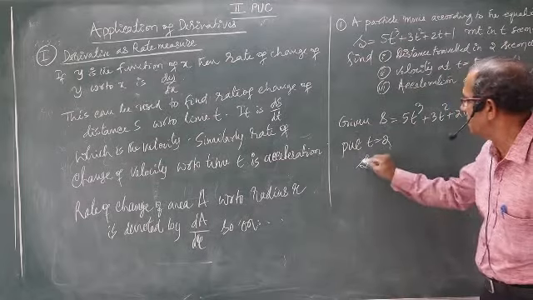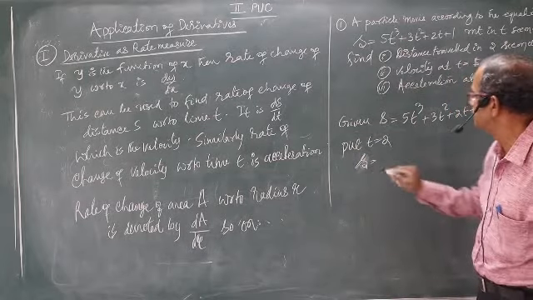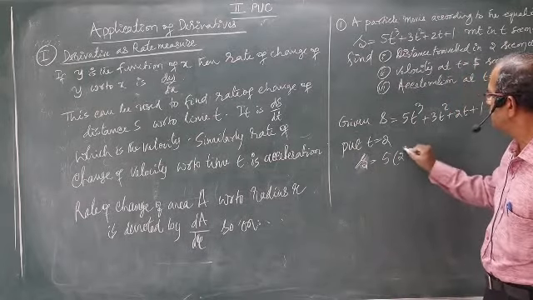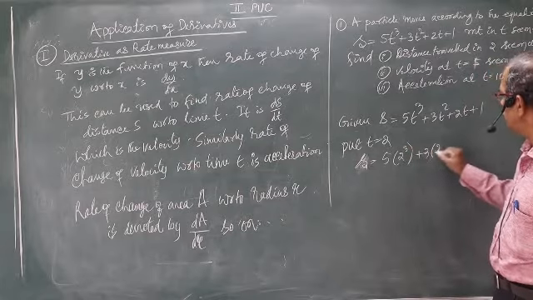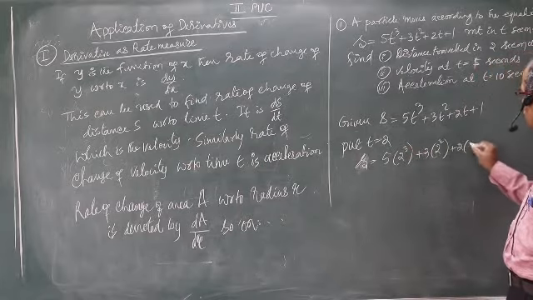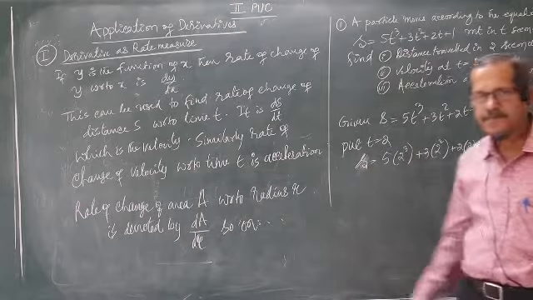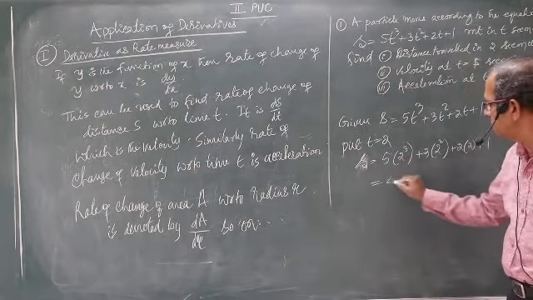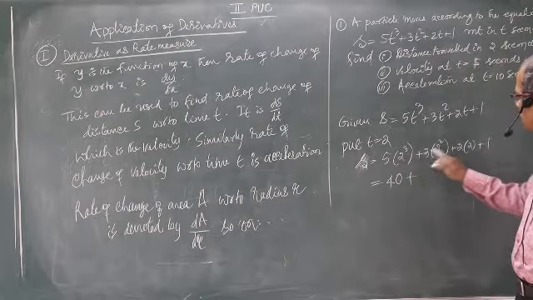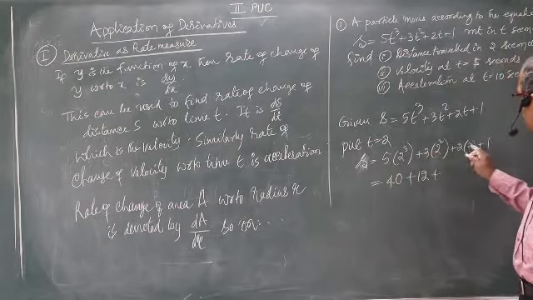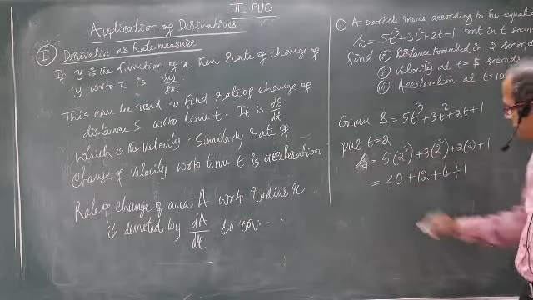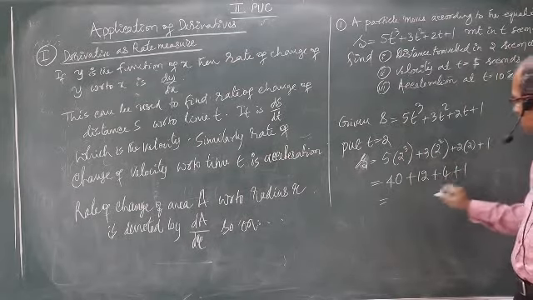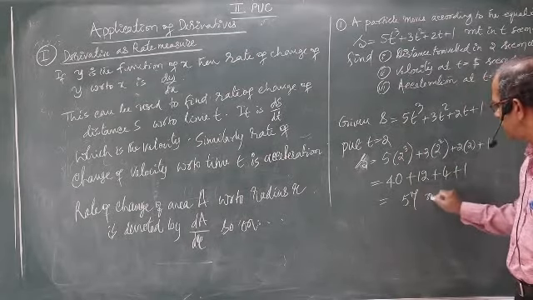Calculate s directly. S equal to 5 into 2 cube minus 3 into 2 square plus 2 into 2 plus 1, or it is 8 into 5, 4 into 3, 2 into 2, 57 meters.